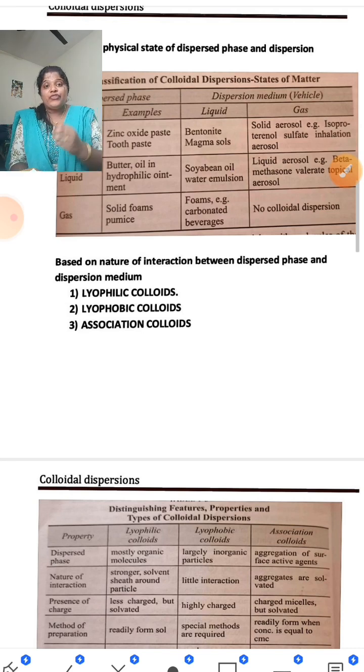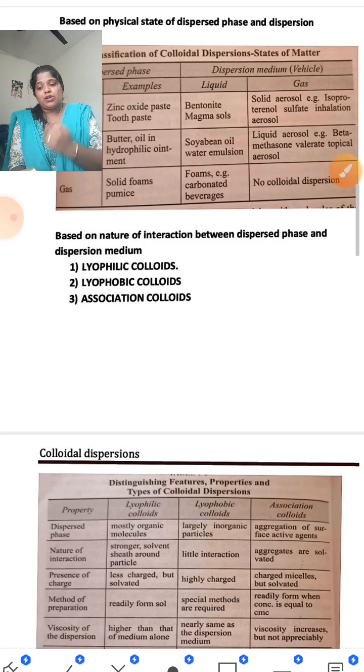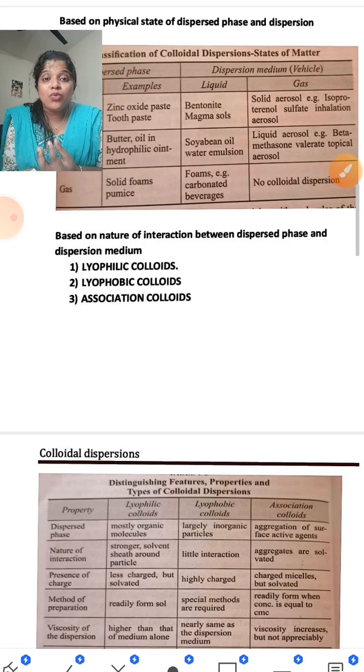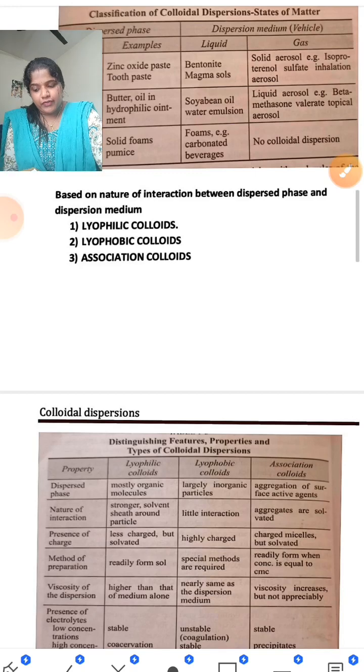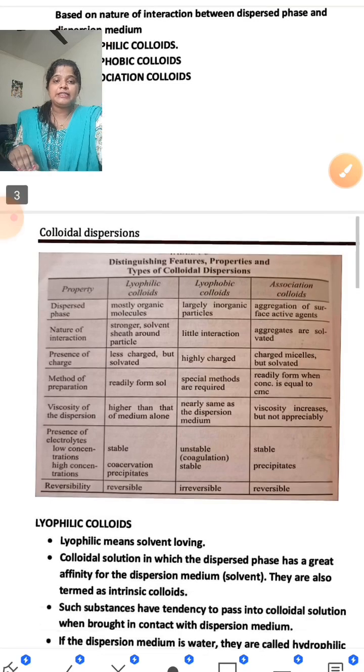Lyophilic colloids are solvent loving compounds, and lyophobic are solvent hating. Association colloids are also known as amphiphiles. What are amphiphiles? Molecules possessing both hydrophilic and lipophilic properties we call amphiphiles.